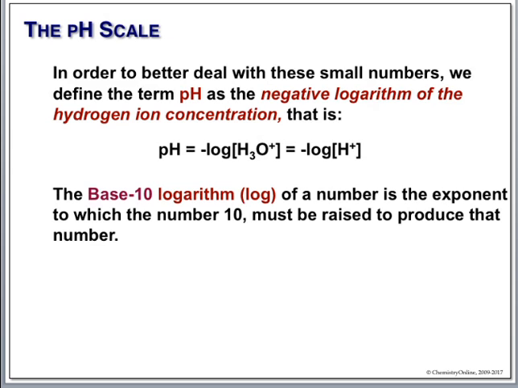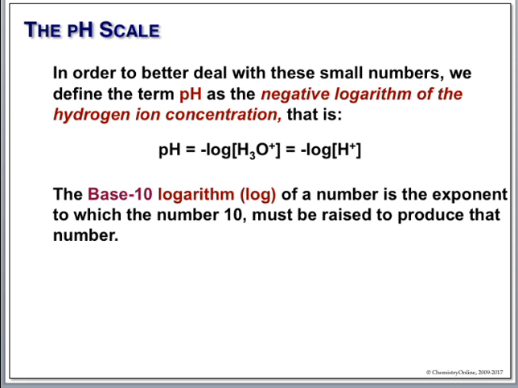Now this isn't always the case. Sometimes we have solutions where we have more hydronium than hydroxide, or more hydroxide than hydronium. Remember, hydronium was the acid stuff, right? If you have more hydronium, that's called an acid.